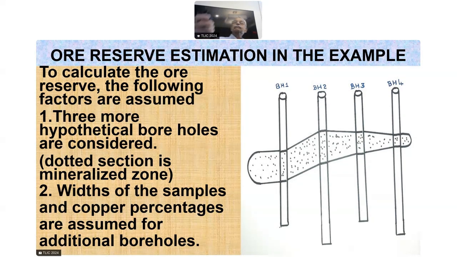Okay. So here this whole thing is mineralization, and the assumption is this will go to half, and in this hole it will go to half. The mineralization of half, that is my presumption.